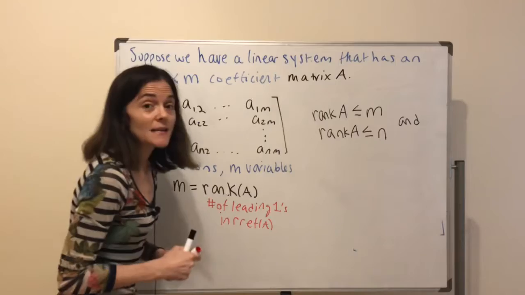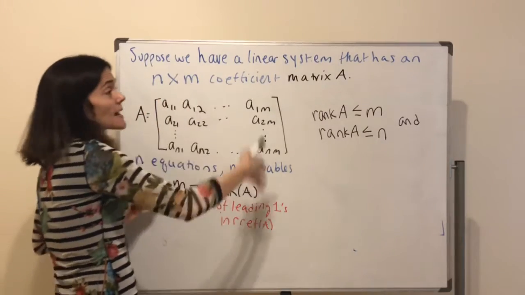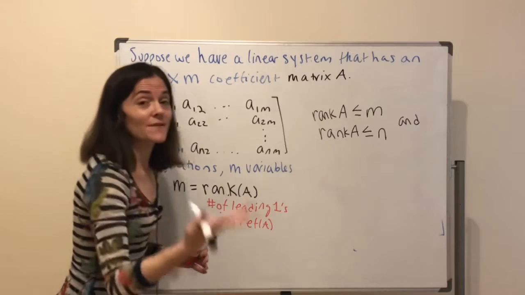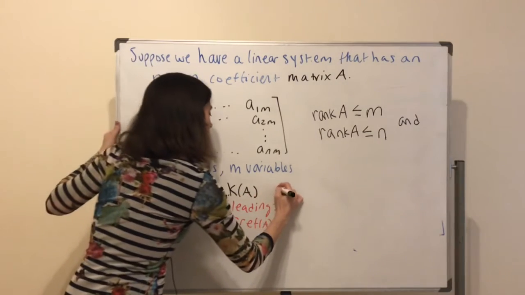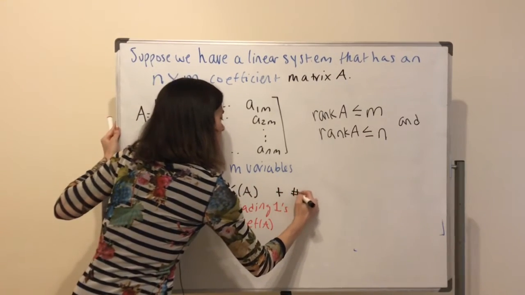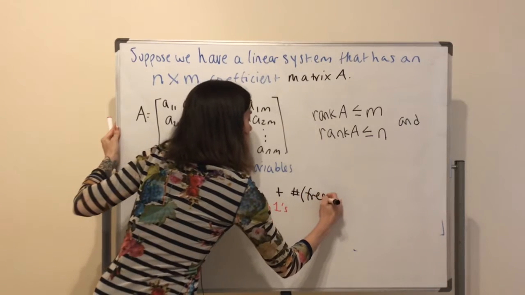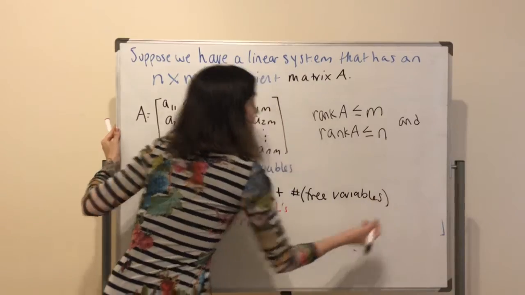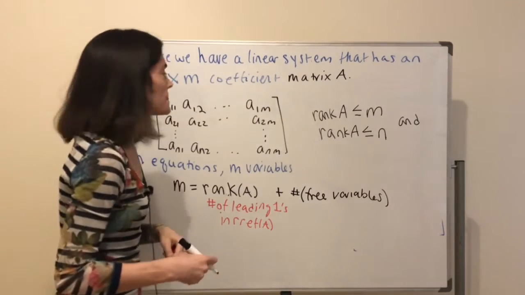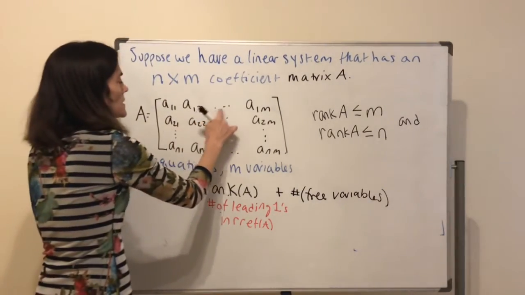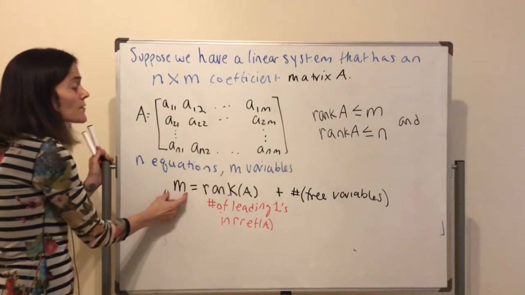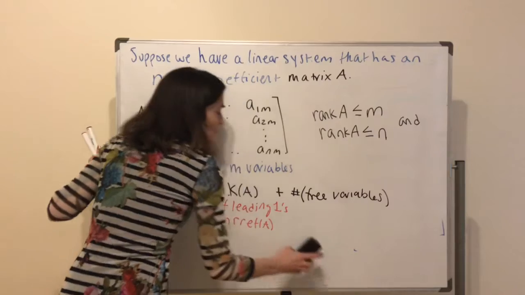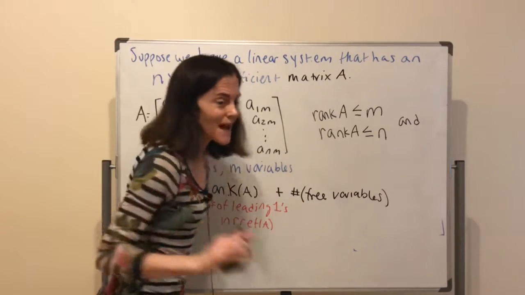And then plus, well, any column that does not have a leading one, this one is a free variable, right? So plus the number of free variables. We saw one example where we had one free variable. It was, let's see, x, y, z, w. It was here. But the number of columns would be the number of leading ones plus number of free variables. These are the columns that do not have a leading one.